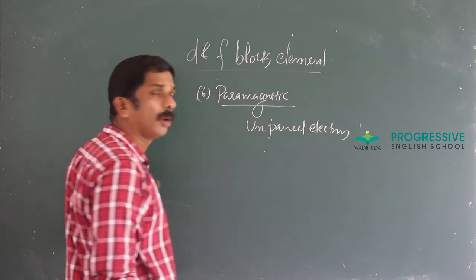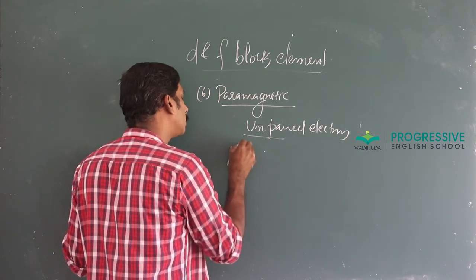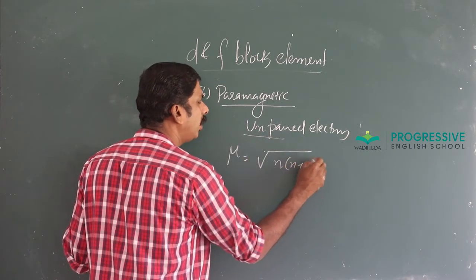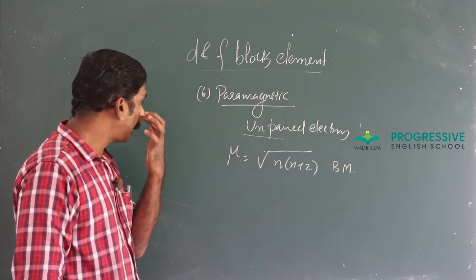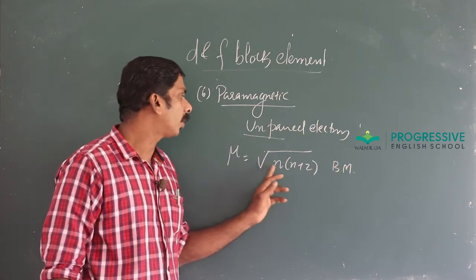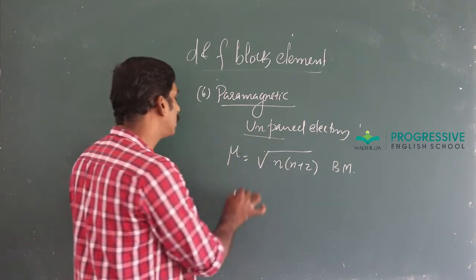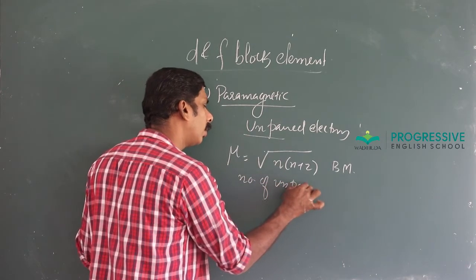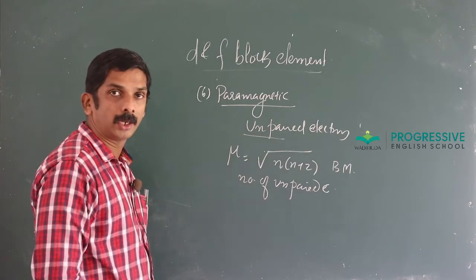The magnetic moment is given by the spin-only formula, that is root of n into n plus 2 Bohr magneton, where n is the number of unpaired electrons.